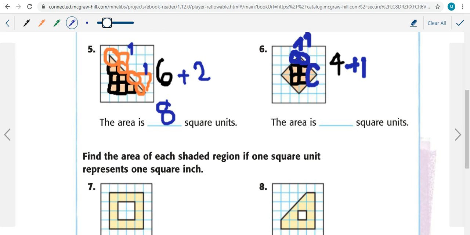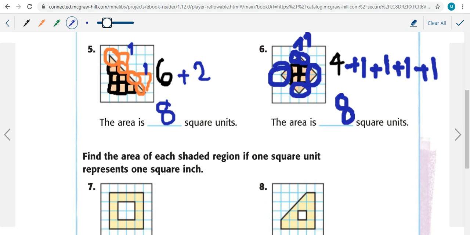I have another 2 halves that makes another whole, and I have another 2 halves that makes another whole. Tengo dos mitades, me hacen un entero. Aquí tengo 1, 2, 3, 4 enteros. What is my area? 8. Why? Because 4 plus 1 plus 1 plus 1 plus 1 equals 8.